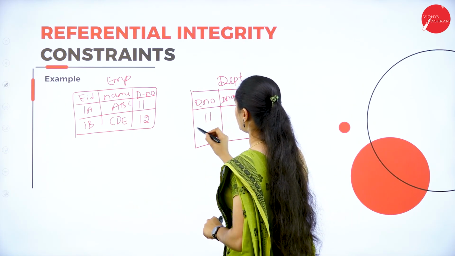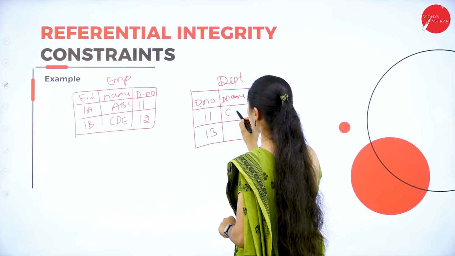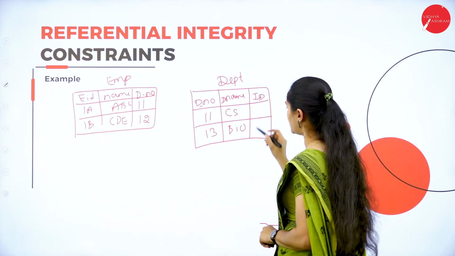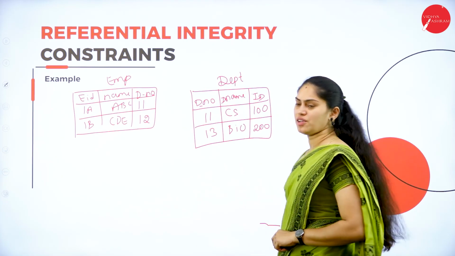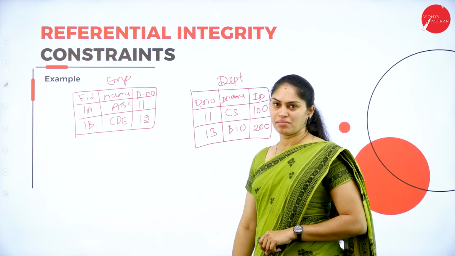Let me consider department numbers 11, 13, department names CS, bio, and the IDs as 100 and 200. So just imagine we have an employee table and a department table here.